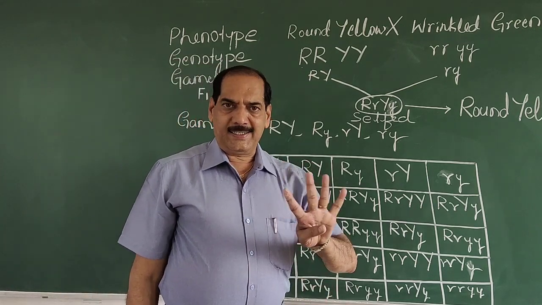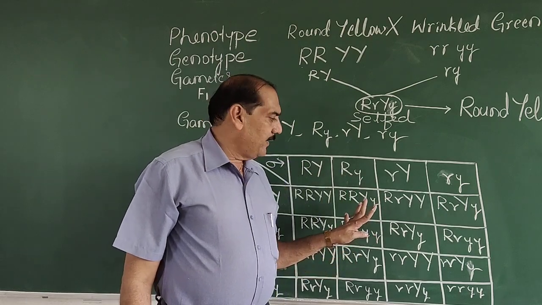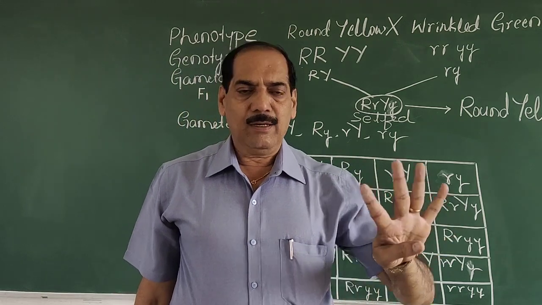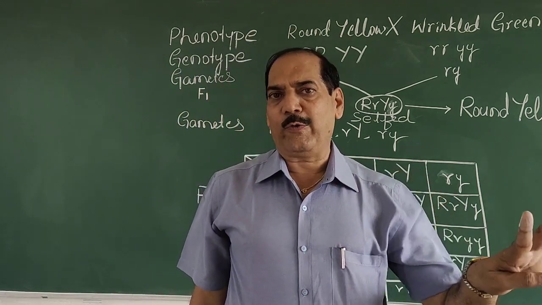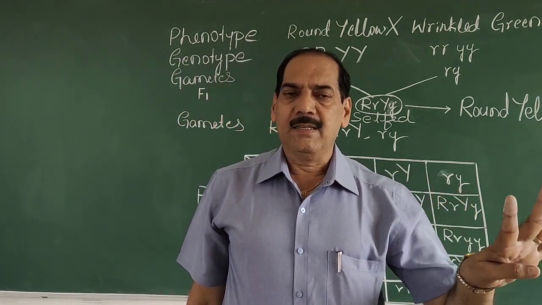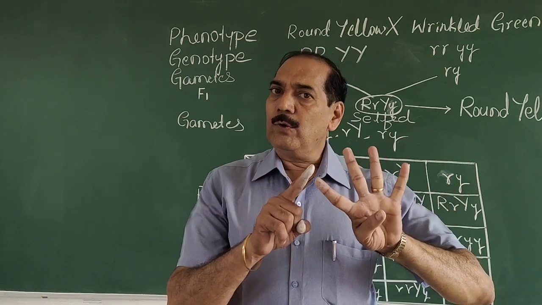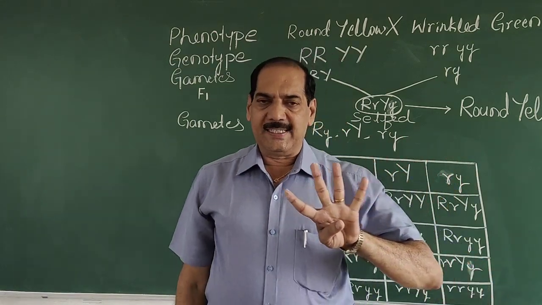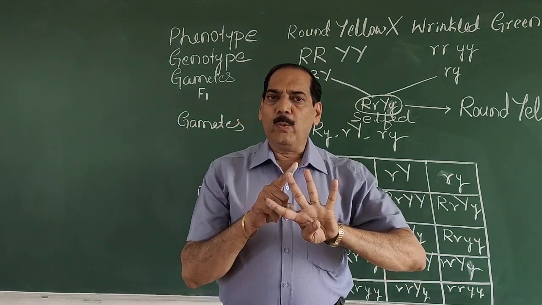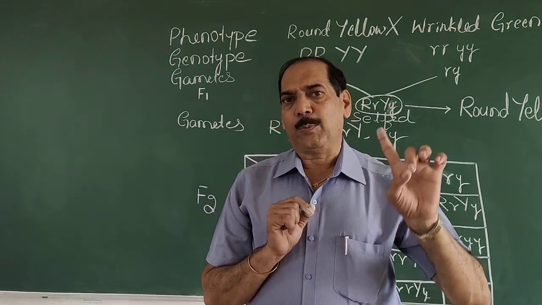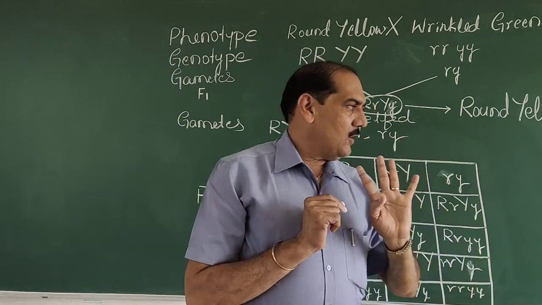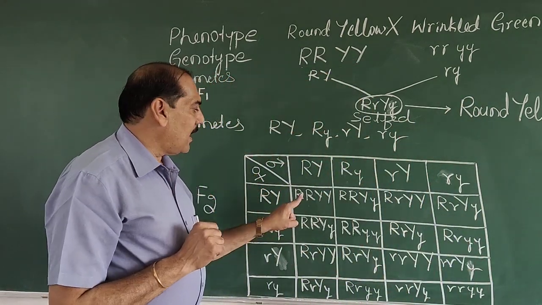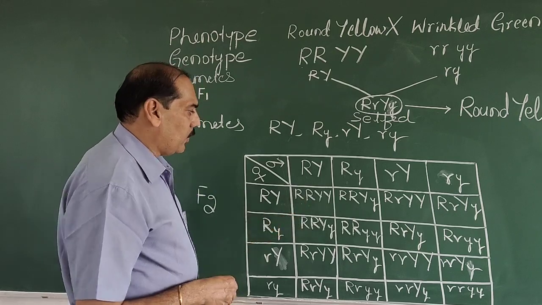In every box there are 4 letters. 4 letters show 4 factors, 4 genes. Of them, if one round dominant is there, that produces round seeds. Of the 4, if one yellow is there, that produces yellow. So like that we identify the phenotypes of these genotypes.